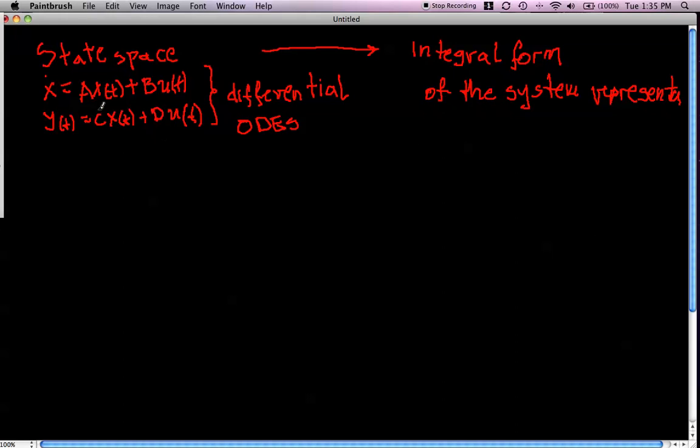So we want to find out how we can transfer from this differential into integral form. In other words, how this integral form essentially looks like. So I will just put the question mark.